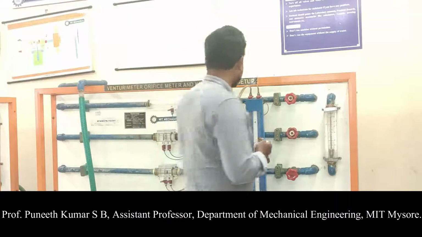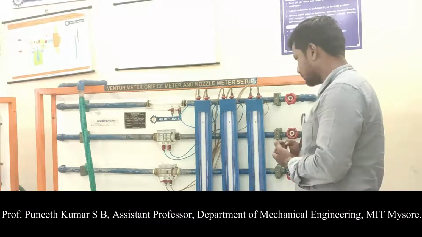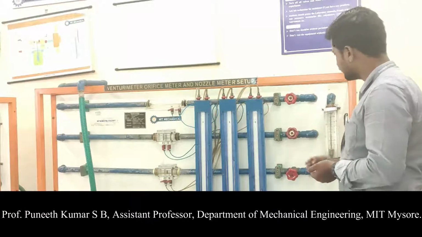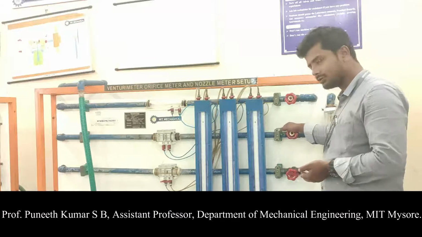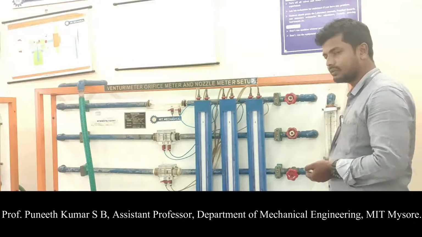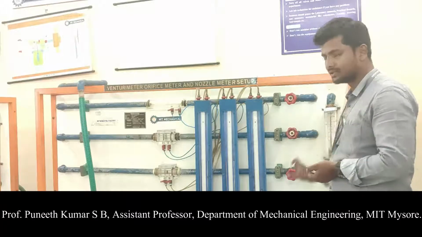Now by switching on the motor, we can start the experiment. Before that, the actual flow through this pipe or the orifice is noted through a rotameter, which is always mounted in a vertical fashion. Why?